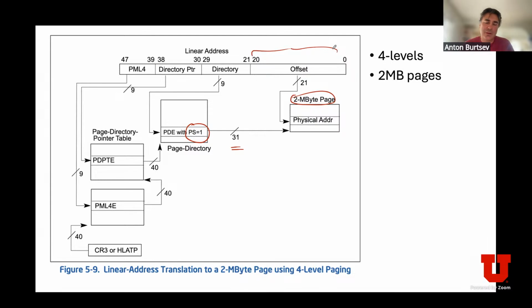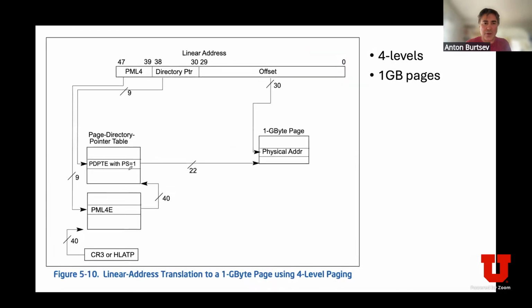On 32-bit machines we have pages of 4 kilobytes and 4 megabytes. Here we have pages of 4 kilobytes and 2 megabytes, because the level just points to one location in physical memory. But they played the same trick here. If this level has PS set to 1, then we're pointing to a 1 gigabyte page.